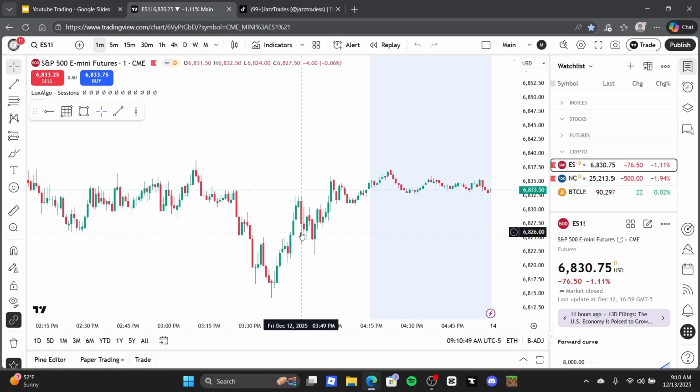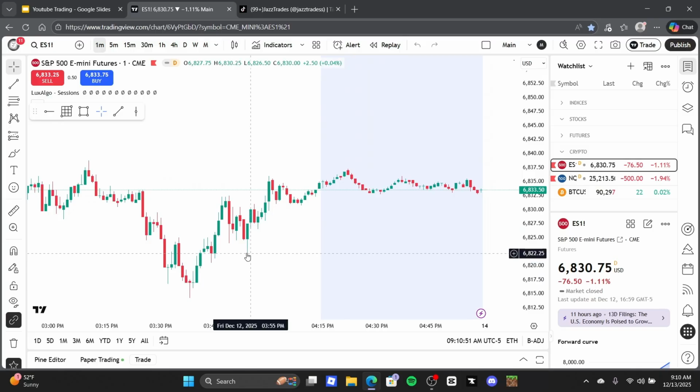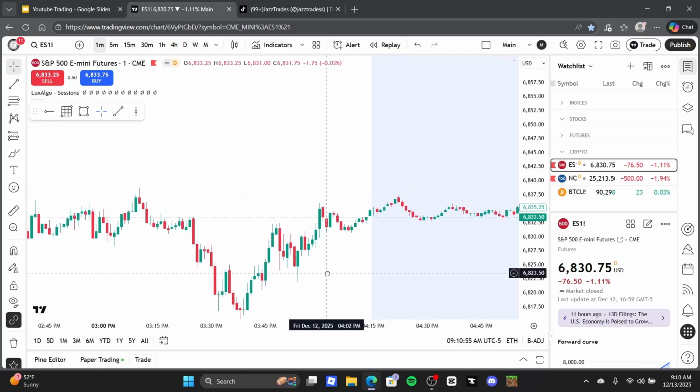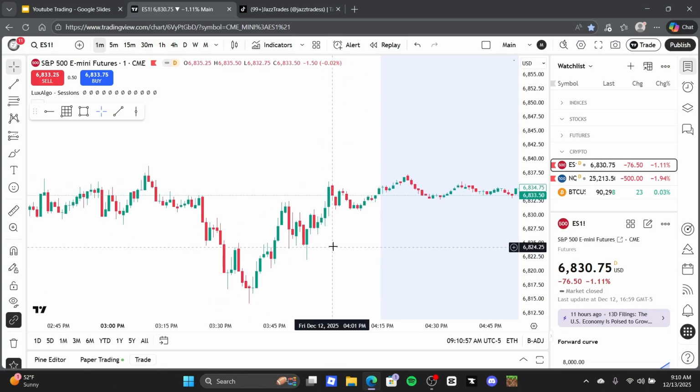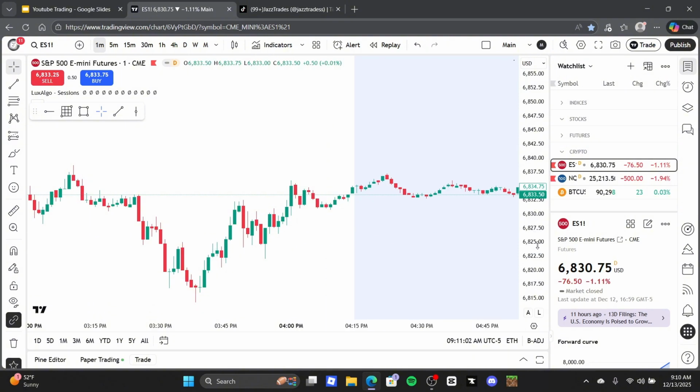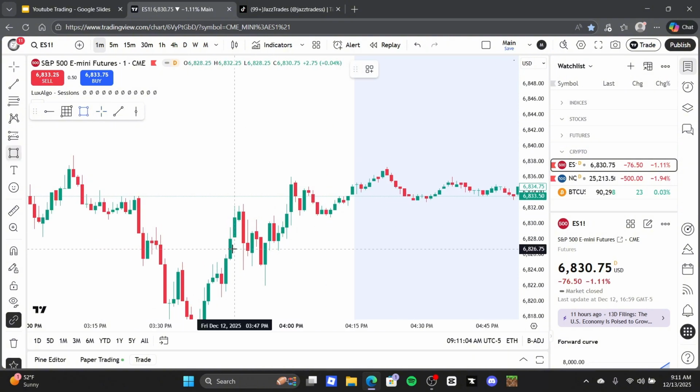So let's go ahead and just find a little example. I mean, we got one right here, but price was kind of consolidating through the gap. But we can see right here the bottom wick, first candle, then there's a green second candle, which is the gap.